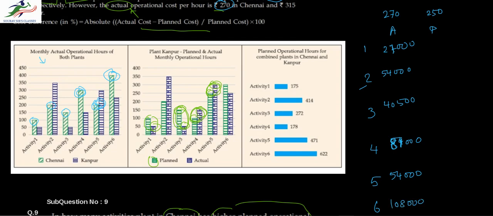So these are the values for the actual hours, and for the planned hours, let's find the values.